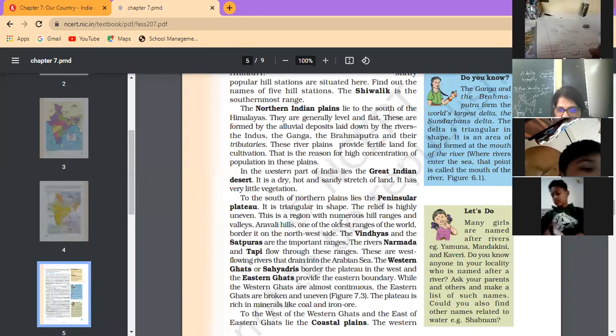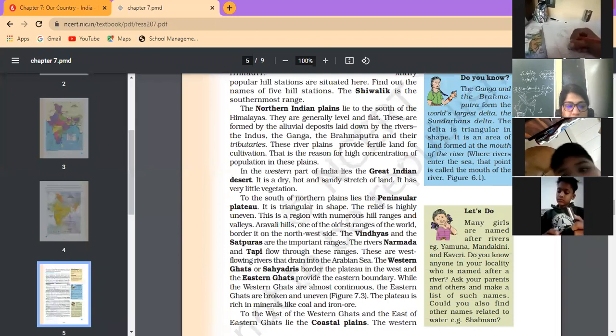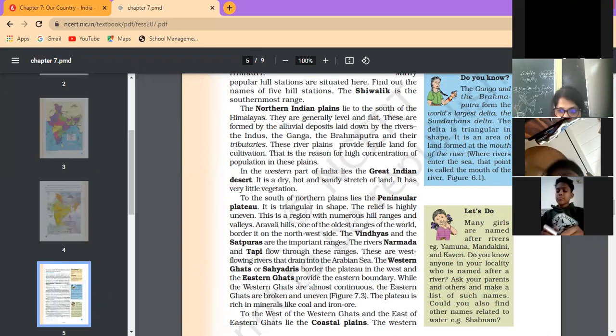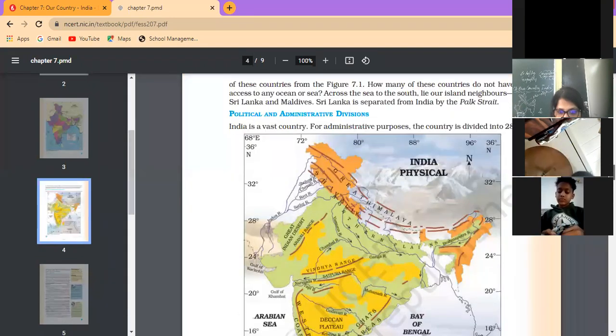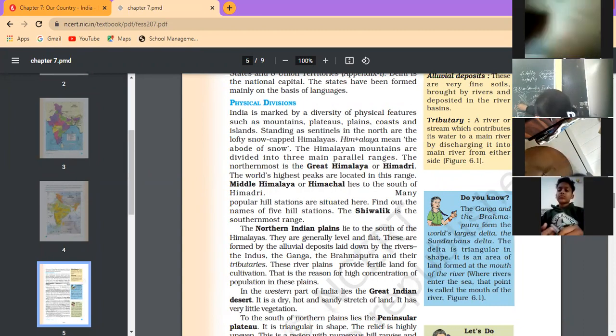Now here we talk about the Vindhyas and Satpura, which are the important ranges. Range means a line of mountains. Which are the important ranges of the peninsula? Vindhyas and Satpura.